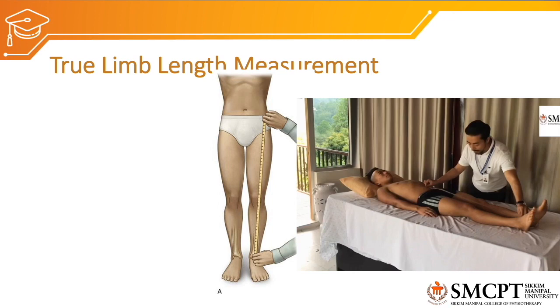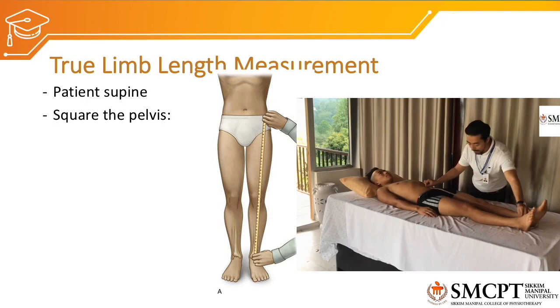Next one is the true limb length measurement. For this, the patient has to be in the supine lying position and squaring of the pelvis has to be done. So what is squaring of the pelvis? Squaring of the pelvis means the ASIS, that is the anterior superior iliac spine, of the left and the right pelvis has to be aligned properly.